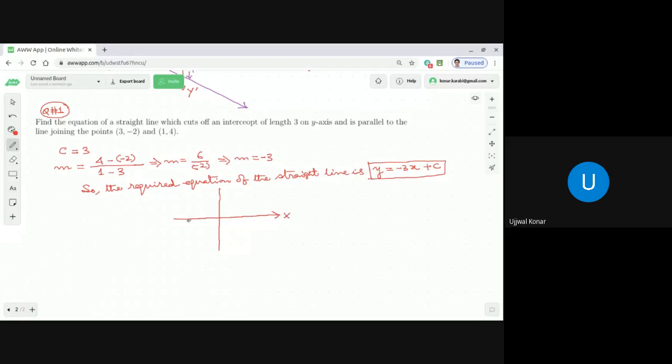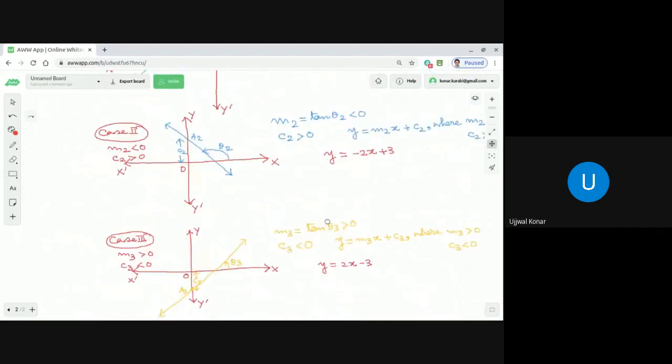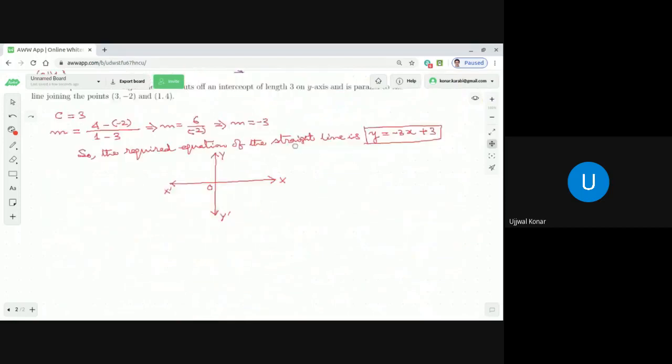Let's draw the x dash, the coordinate axes, y dash. And this is the origin. Here we see that m is less than 0 and c is greater than 0, and the equation is y equal to -3x plus 3. So how does it look if I draw the straight line? I want to draw in the same color as the case it belongs to. It is coming in case 2, where m is negative but c is positive.